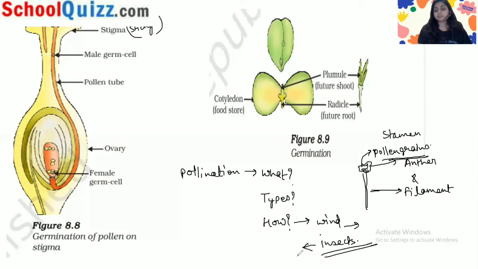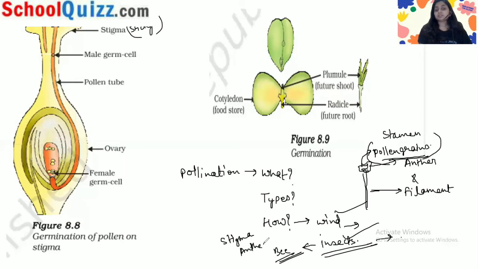You can see a bee when it lands on the flower, sucks some sugary parts of the flower and goes away. When insects are attracted to the flower, they transfer some pollen grains to the stigma. So by the wind, by the insects, they transfer from the anther to the stigma.